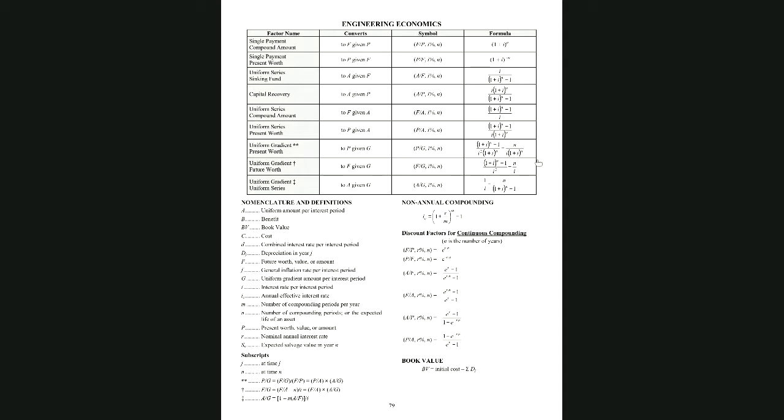If we are not going to use those tables, we are going to use these formulas, but the tables make your job easier, so you have the exact value calculated for you. Otherwise you would use these formulas to find F given P or any other formulation.